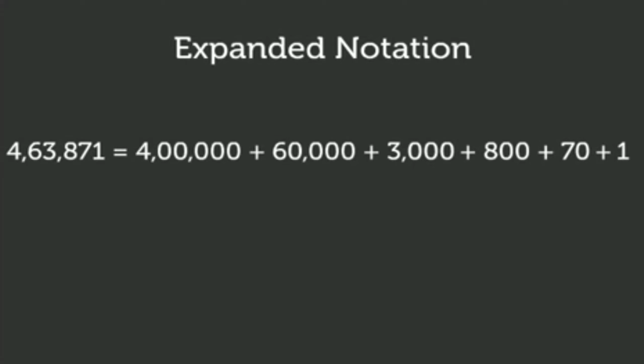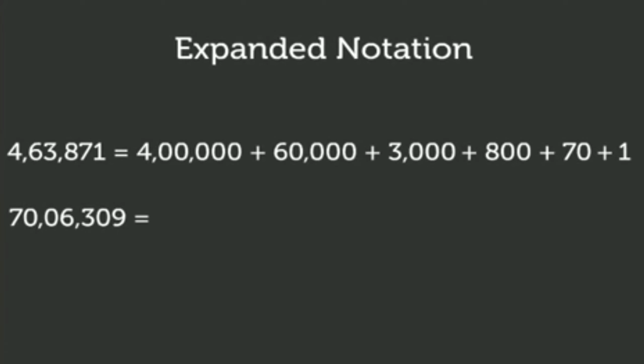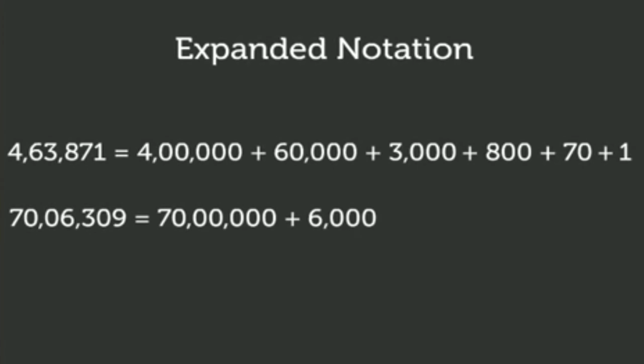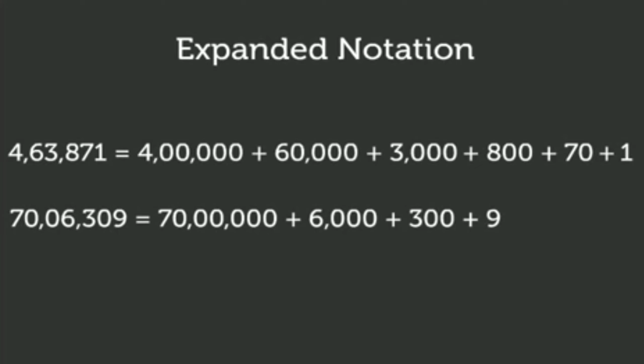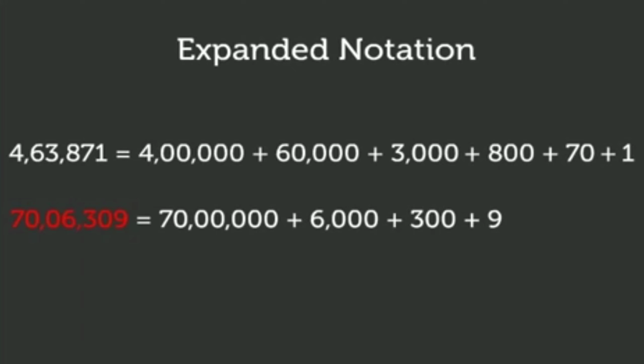Next is the tricky one. 70 lakh 6,309. We write it in expanded notation as 70 lakh plus 6,000 plus 300 plus 9. Here there are 0 lakhs, 0 ten thousands and 0 tens in the given number. So we do not include them in the expanded notation.